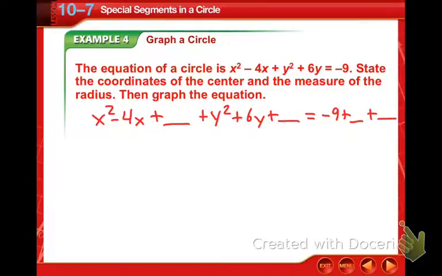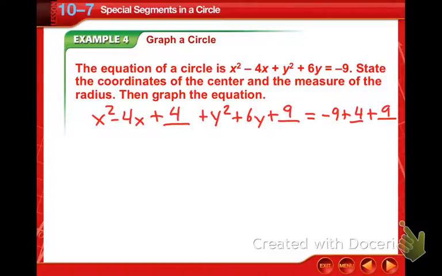So for the x's, we know that we're going to divide 4 by 2, and we square that. 4 divided by 2 is 2, 2 squared is 4. For the y portion, 6 divided by 2 is 3, 3 squared is 9. So we're going to add the 4 and the 9 here.